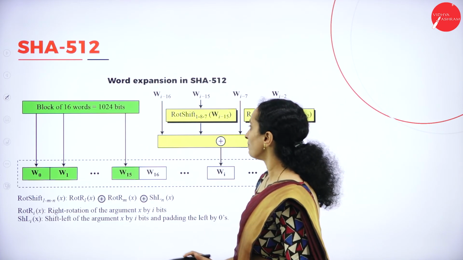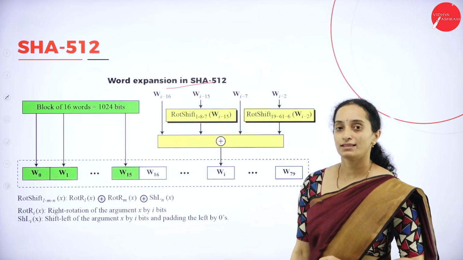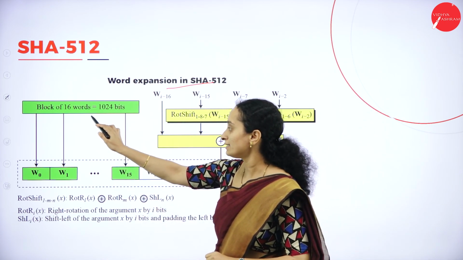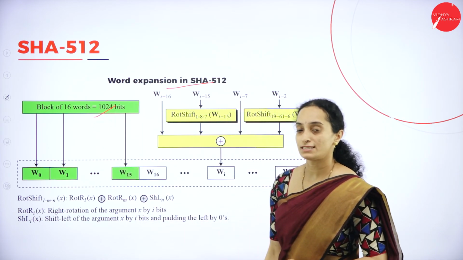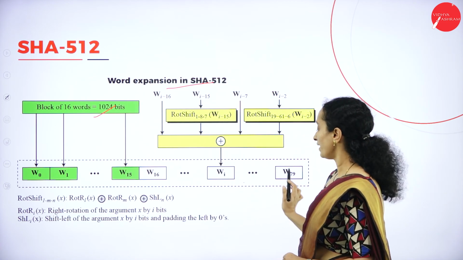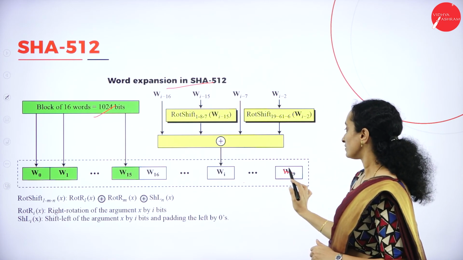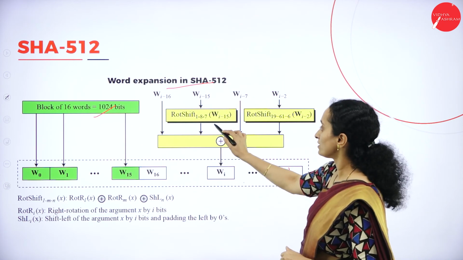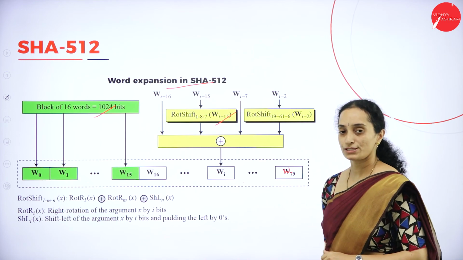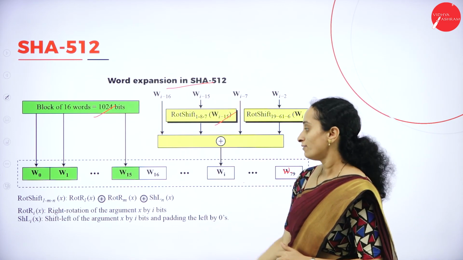How does the word expansion work in SHA-512? We use a block of 16 words, which is expanded into 80 words, that is up to word 79. We use the rotation and shift functions to calculate or compress the functions.